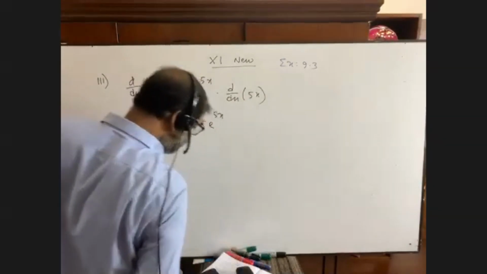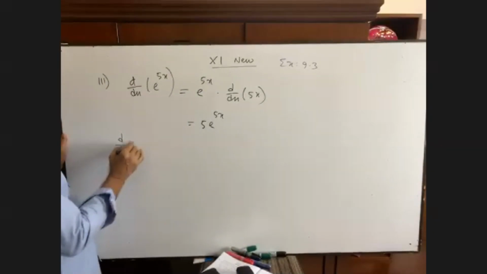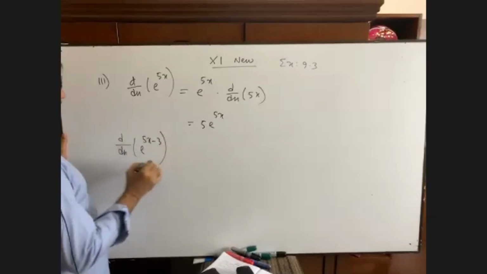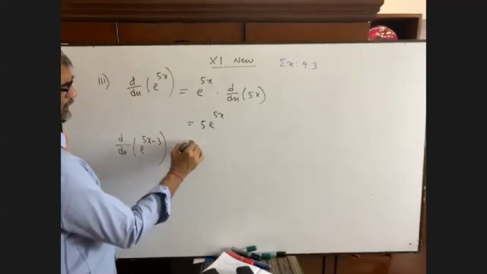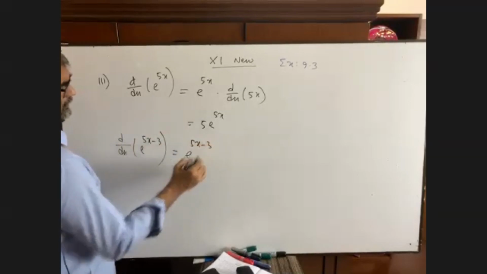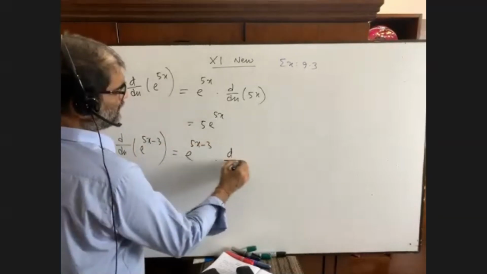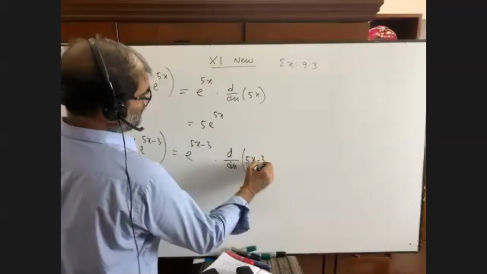Yes, sir. Now, d by dx of e to the power 5x minus 3. It is e to the power x. Very good. E to the power x. It is done. Now, we see it is d by dx of 5x minus 3.